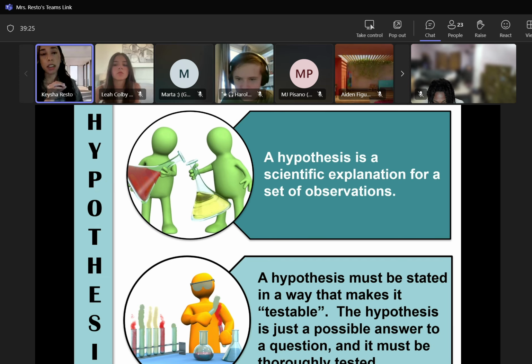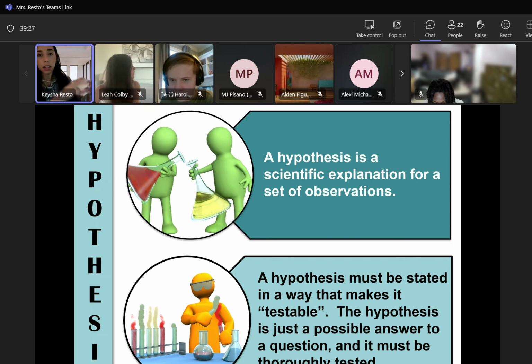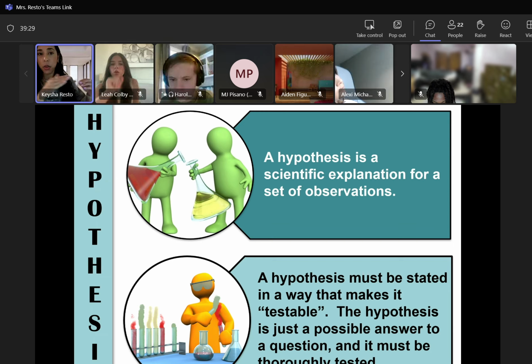You should use the format: if I do this, the independent variable, then this will happen, that's the dependent variable, the effect, because, and you explain why. Because it's science, you need to give me a reason why you think that's going to happen. Some people just say, if I do this, then this will happen, with no explanation, and sometimes they are things that don't make any sense. That's why you need to explain why you think that's going to happen.